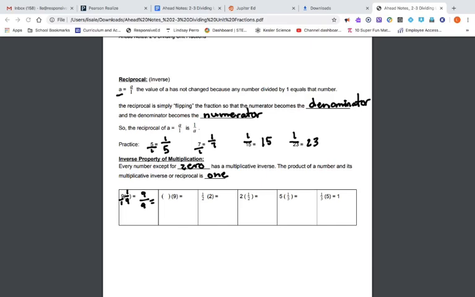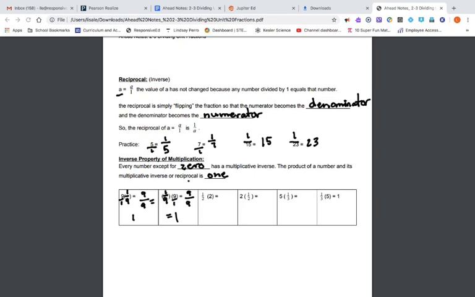Which we know any number over itself as a fraction always equals 1. Here we go, we have 9 again. My reciprocal is going to be 1/9. If you need to show it as a fraction, go ahead and do it because it does not change my value. I multiply across. 1 times 9 is 9, 9 times 1 is 9, and again I get 1.